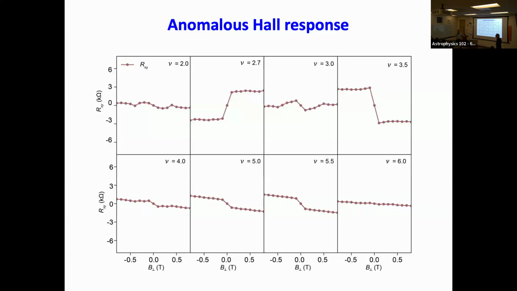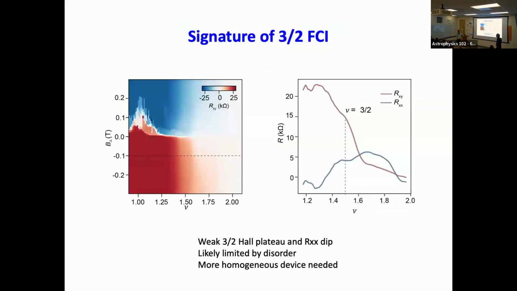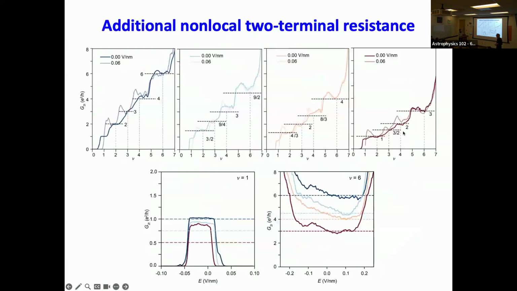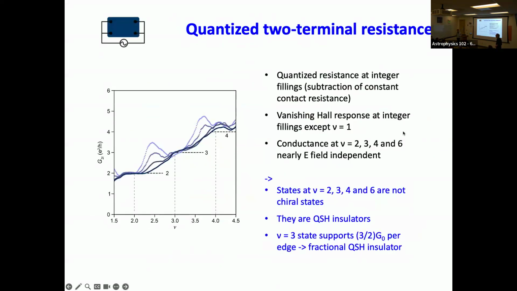So this is for field along Z. Do you have data for the in-plane? Yeah, in-plane is actually something. And just one very quick one.